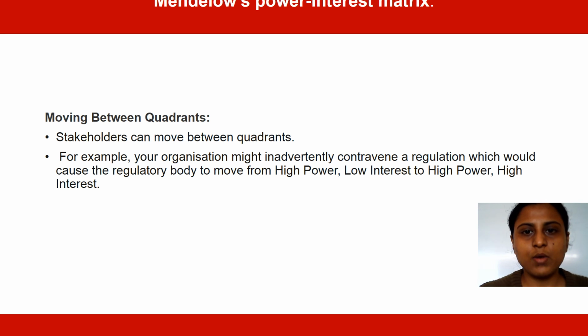This would then require a different way of managing and communicating with this stakeholder. In the same way, media would move from low power low interest to low power high interest. So it's always worth double checking your grid in the event of a change in the environment or a project issue that may arise later.